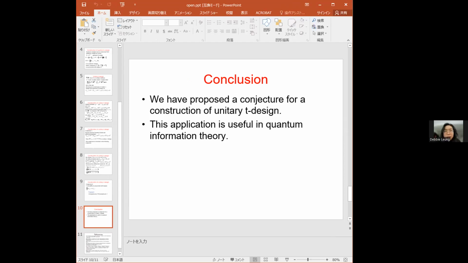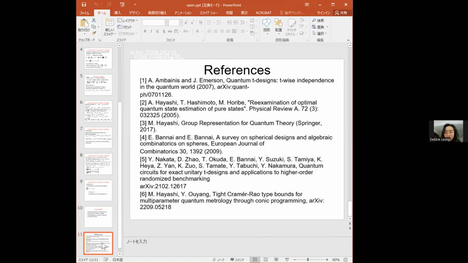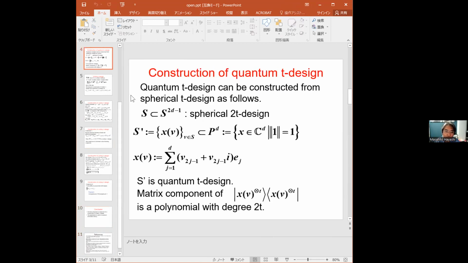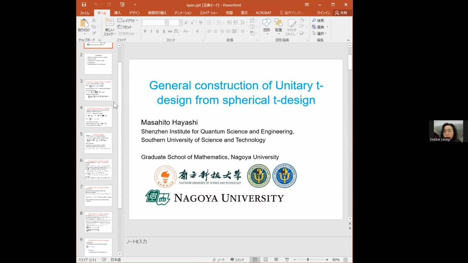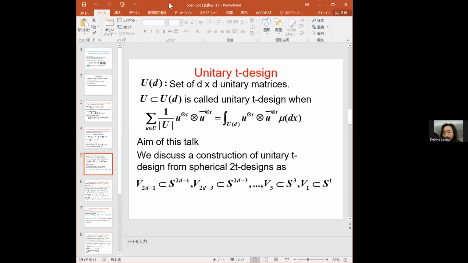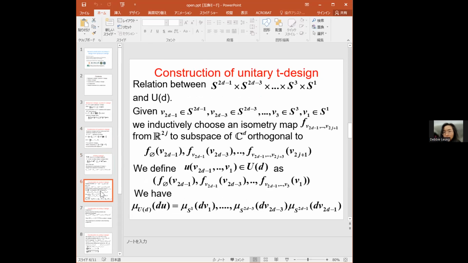I may have missed it from the talk: how is the size of this construction compared to known bounds? I think there are bounds on how big a unitary T design has to be. So how does this construction compare to how large a unitary T design has to be?